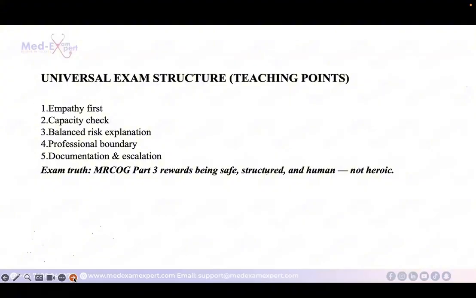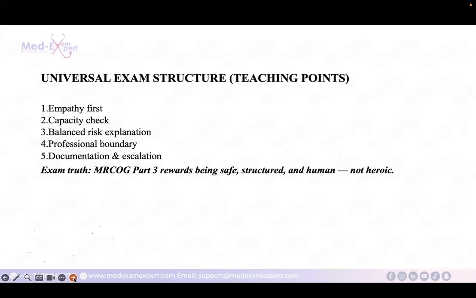So always remember, in these situations, you always get your senior obstetrician, because you are at the level of ST3 and ST4, and these types of decisions you're not taking on your own. You always involve your senior, other specialties or your MDT, and a second opinion as well.